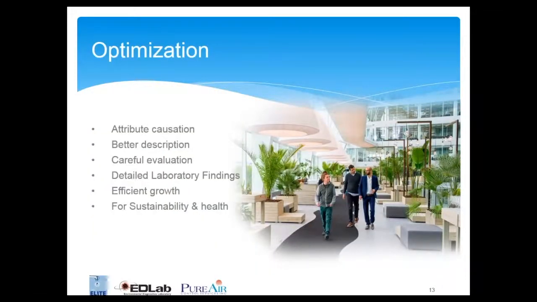What can you tell us about optimization? This is a very good one, because if you want to optimize your living condition, making a healthy, sustainable living, you have to first attribute the causation. If there is any problem, it must be attributed. Then you need a better description of what the problem is, so that you can develop a hypothesis to address it, with careful evaluation of your hypothesis.